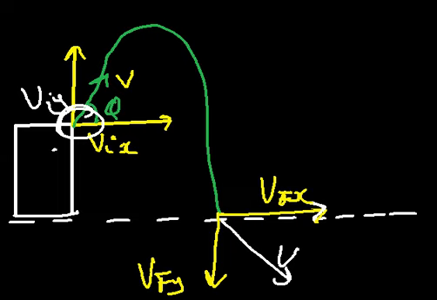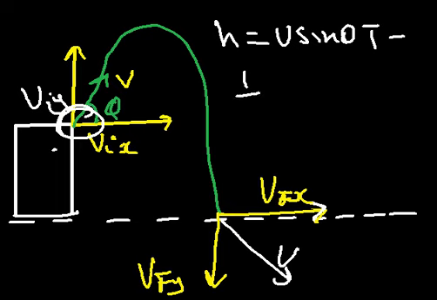So which means we can also get the total time using the displacement or the height of the building. If we are given the height of the building, we can get the t total using this formula. The height of the building is equal to v sin theta times t total minus half g t total squared, where you substitute for the height of the building.